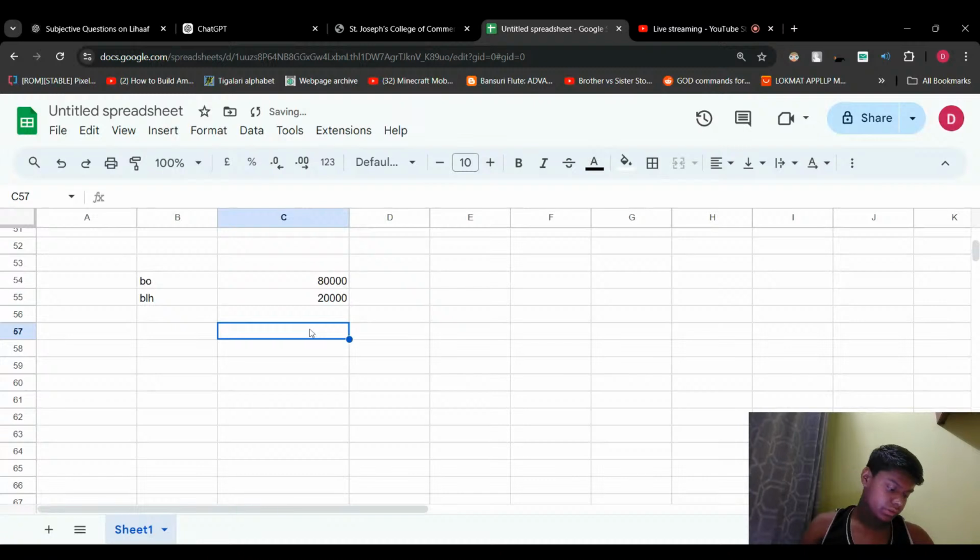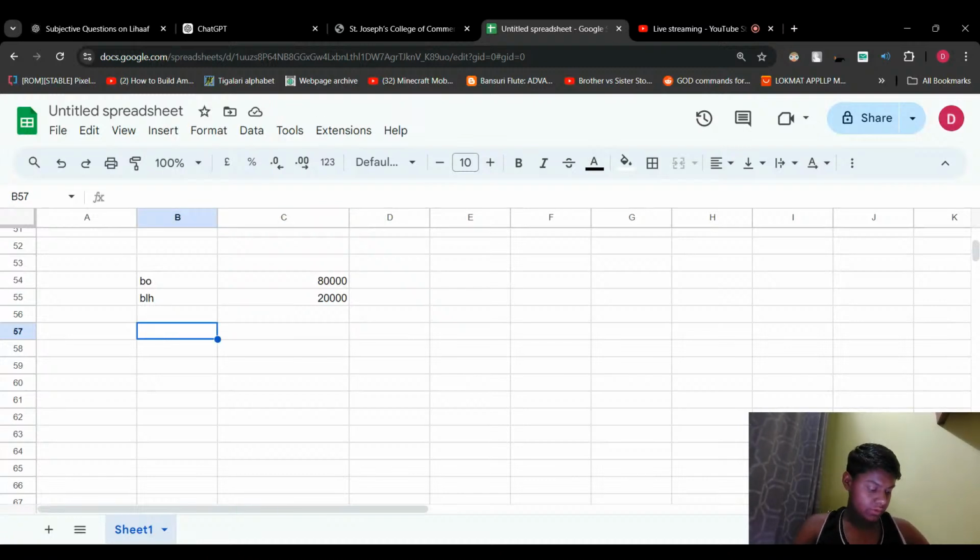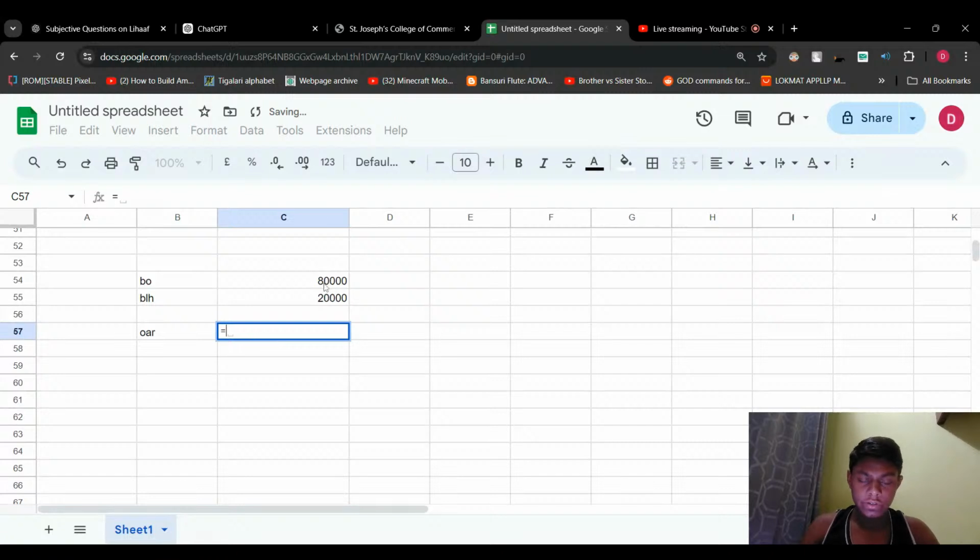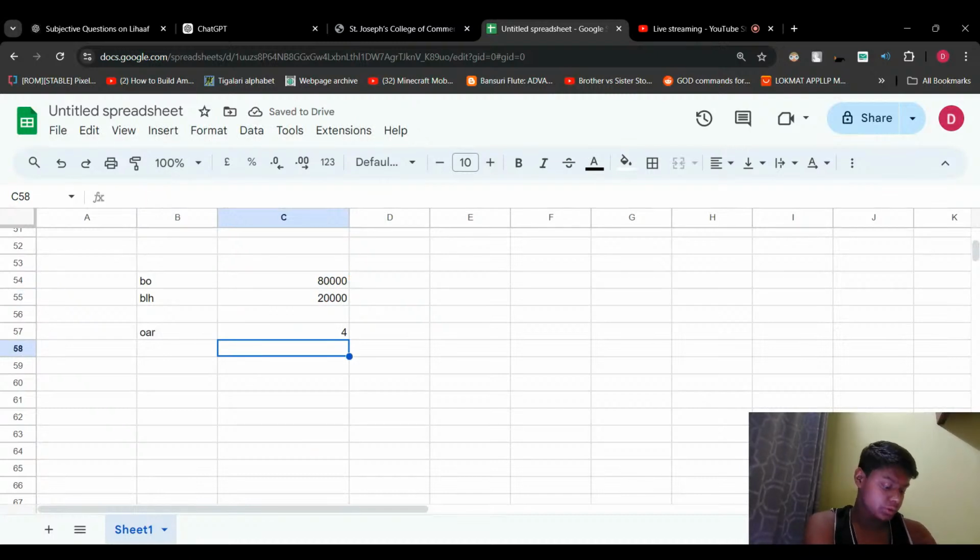To find the OAR, the overhead absorption rate, you do 80,000 divided by 20,000, which is $4 per labor hour. That would be the overhead absorption rate.